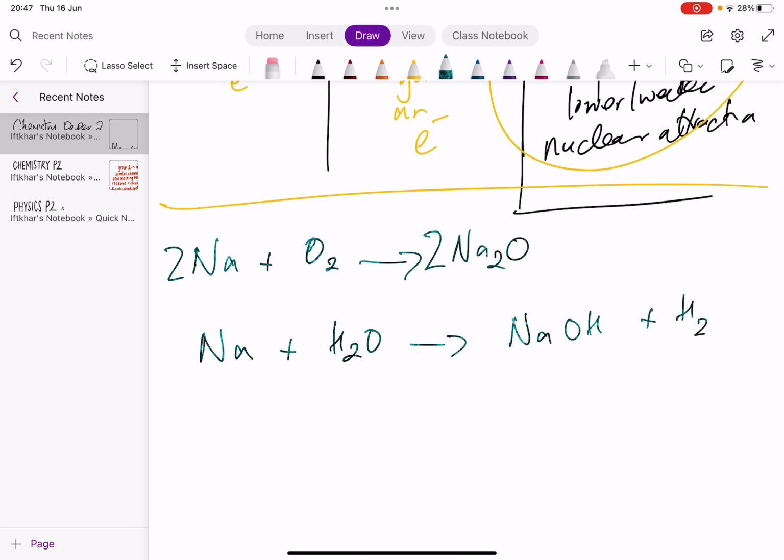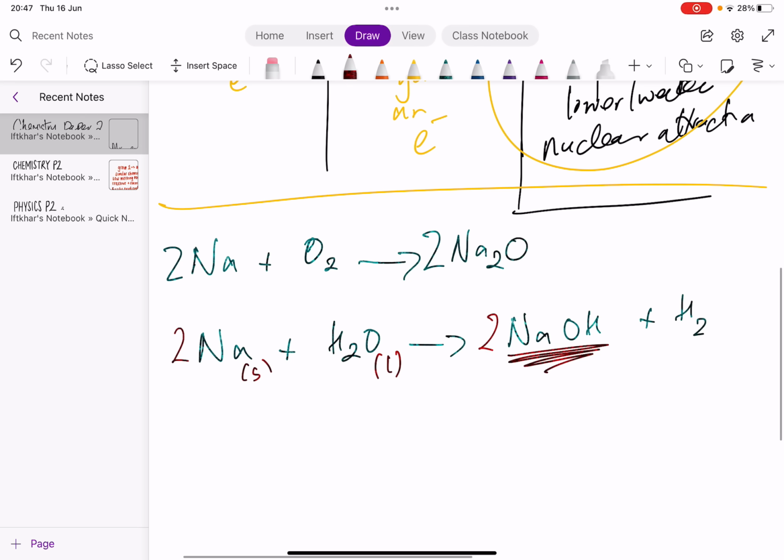In this reaction you will see fizzing. If you use universal indicator paper, you will see the solution turning purple. Now we must balance all equations. Sodium is a solid, water is a liquid, of course, sodium hydroxide, and hydrogen gas.